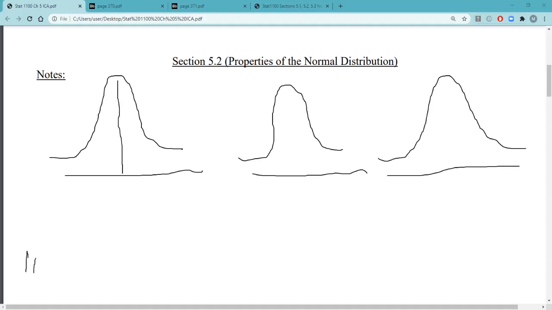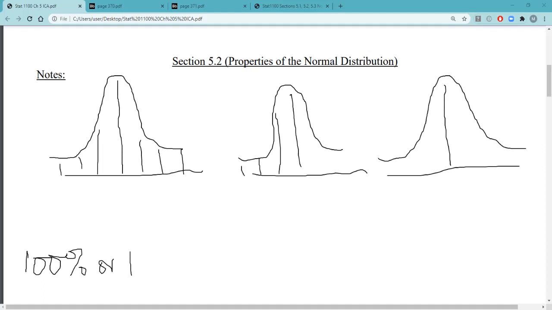Remember that the area under the curve is 100% or 1, depending on how we're denoting it. I just want to get a couple of curves out here.